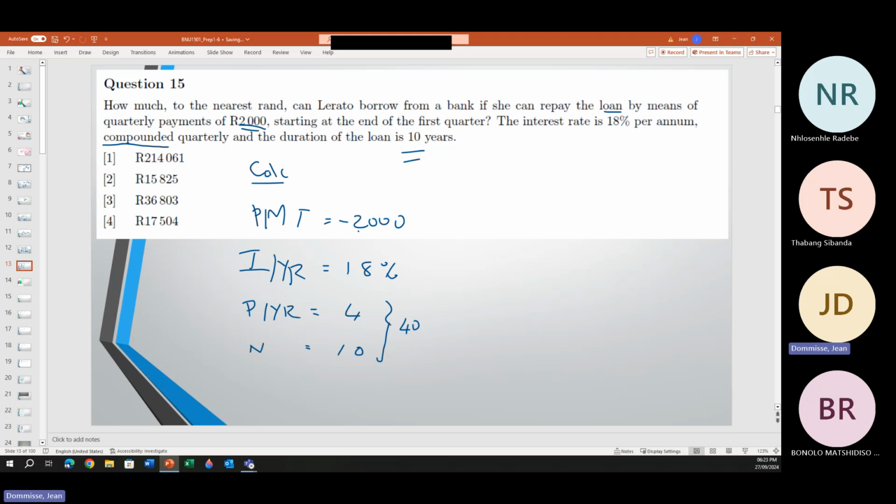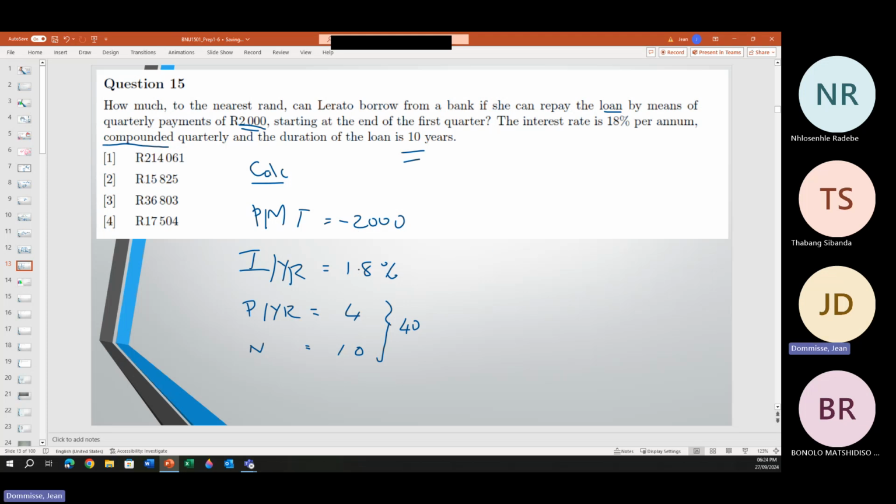How much to the nearest rand can Lerato borrow from a bank if she can repay the loan by means of quarterly payments of 2,000 starting at the end of the first quarter? The interest rate is 18% per annum compounded quarterly, and the duration is 10 years.